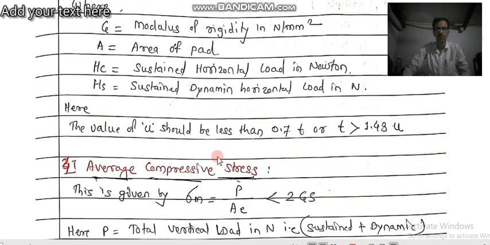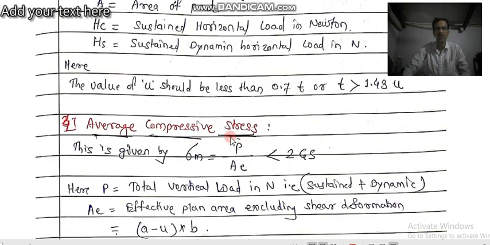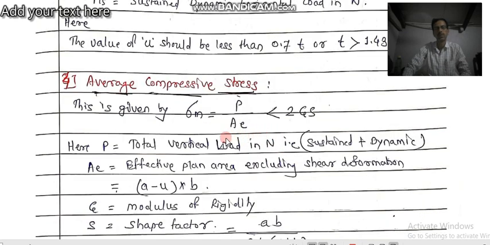So next part comes, that is average compressive stress. The average compressive stress in the elastomeric bearing pad is given by sigma m, and it is equal to P by A, and it must be less than 2 times G S. Here P is the total vertical load in Newton, that is sustained plus dynamic.